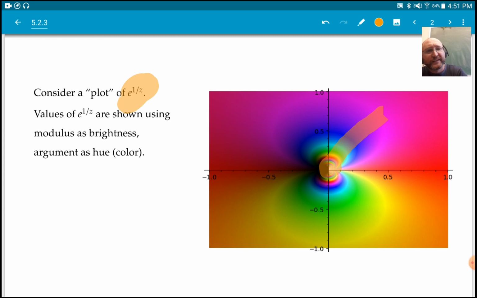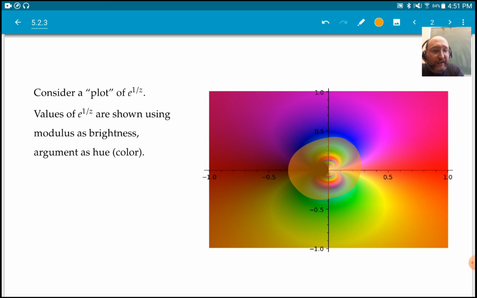So what we actually get over here is that in every neighborhood of the origin, no matter how small a neighborhood I choose, I will always get all moduli and all colors. Well, I will never get 0. e to the 1 over z is never 0. So I never get 0, but I get everything else.